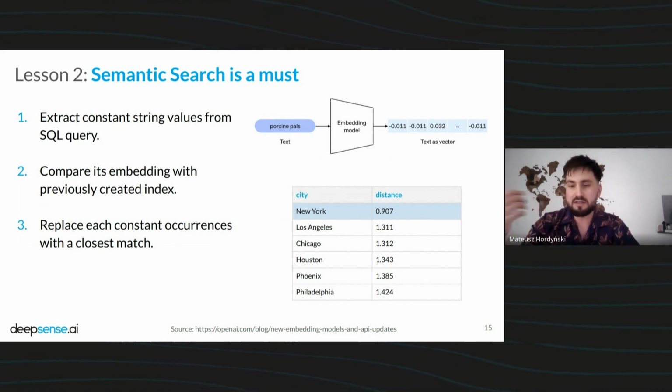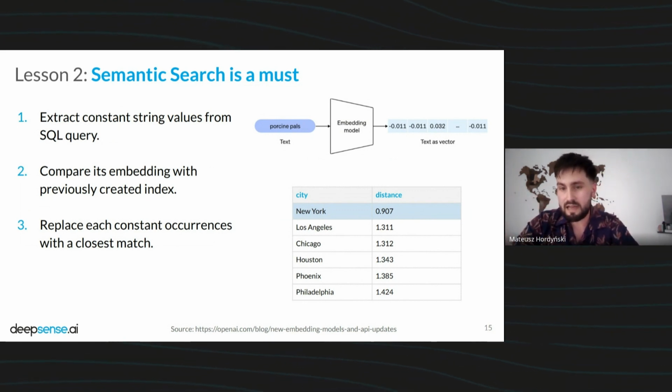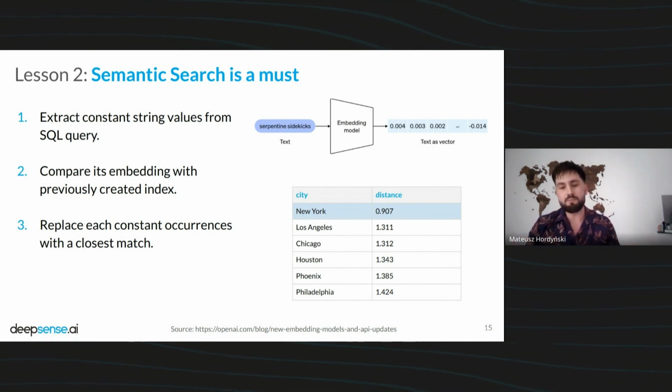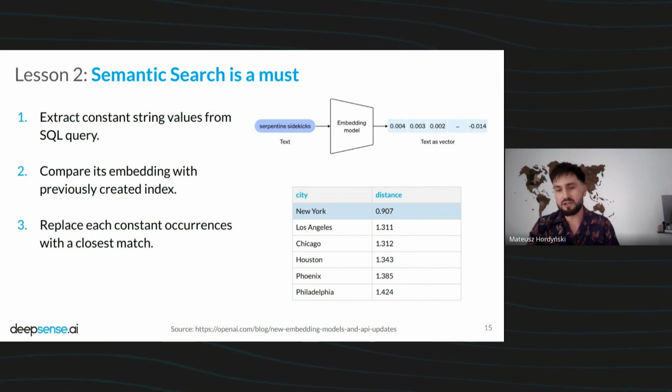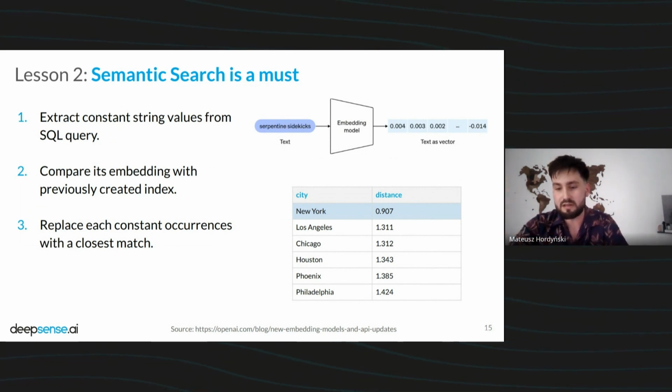And these numbers have this very cool characteristic: if you create vectors from semantically similar texts, the numbers in the vectors will be really close to each other.